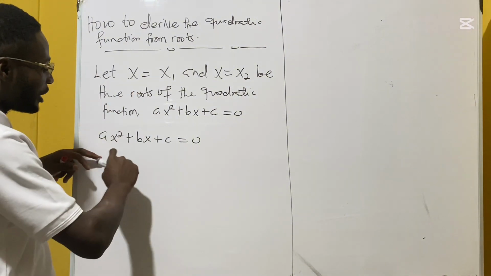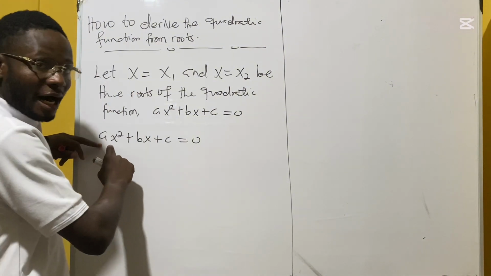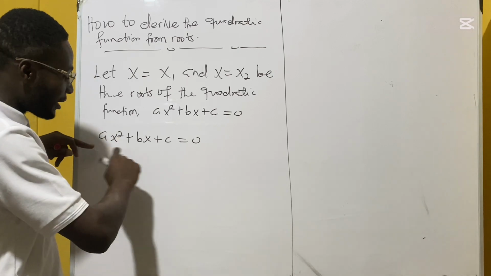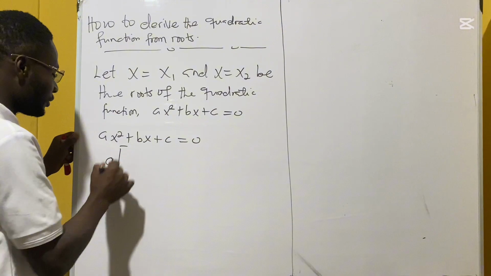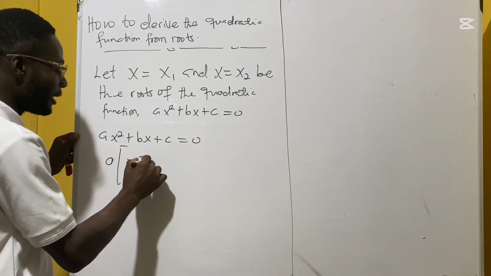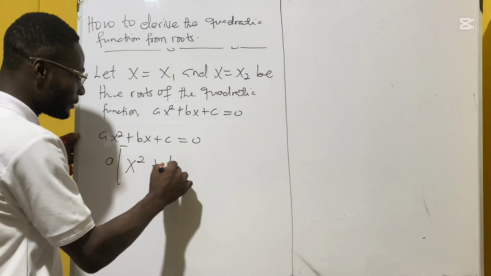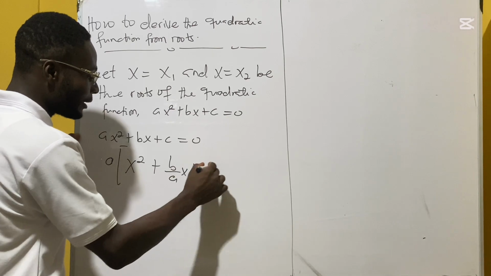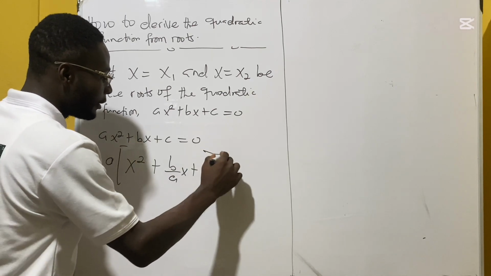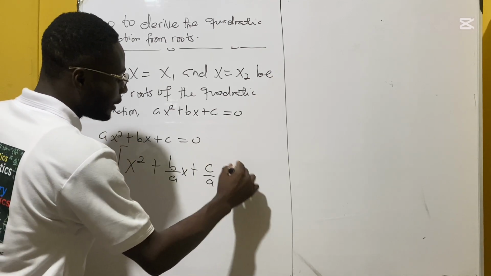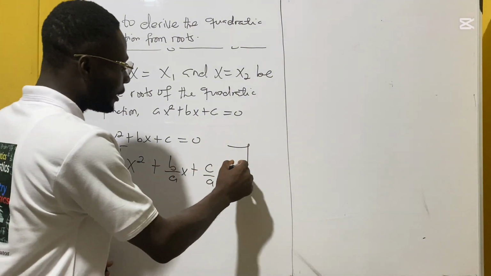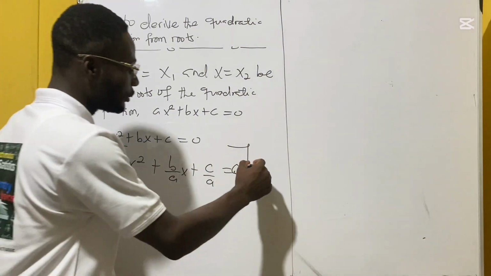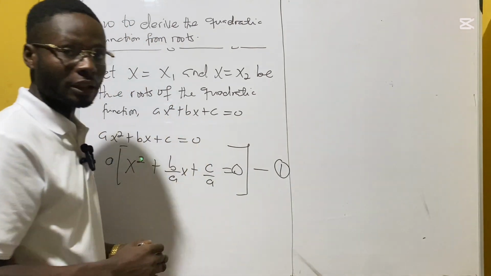So what we do here is that we factor a out. So a times x squared plus b over a x plus c over a, and that is equal to 0. Let's name this equation 1.